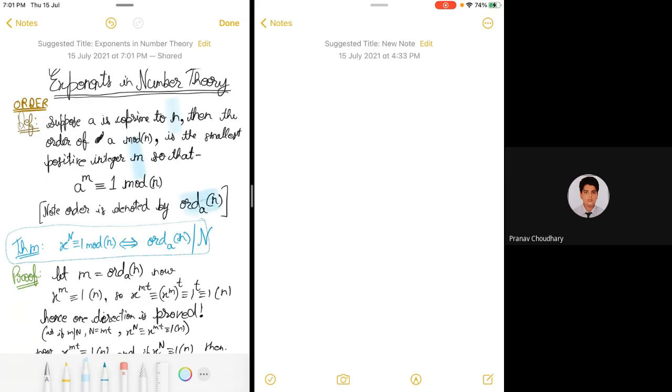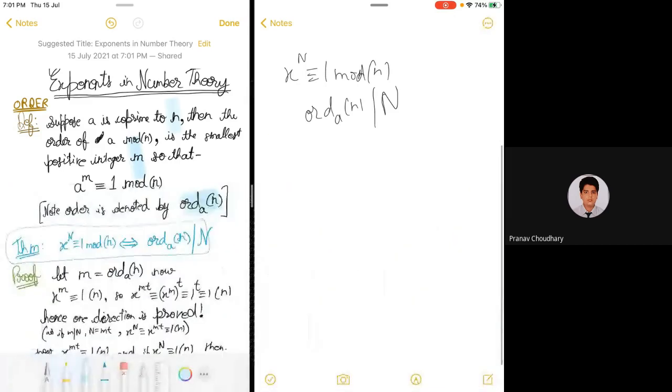Okay. So now we will prove the fundamental theorem of orders, which says that x to the N is congruent to 1 modulo n if and only if the order divides capital N. So for this, firstly, suppose the order divides capital N. Suppose the order is m, then capital N is equal to some m times t.